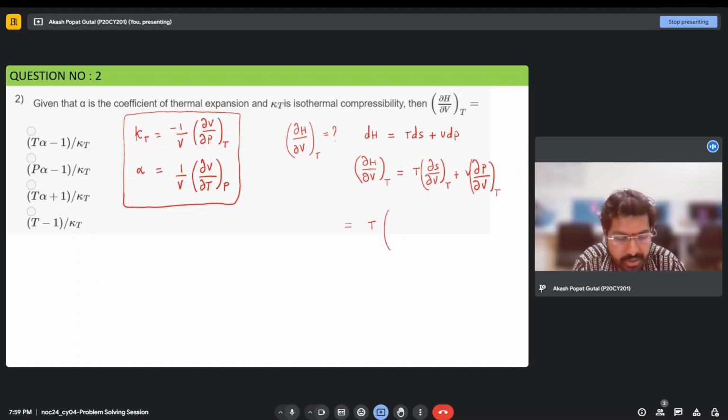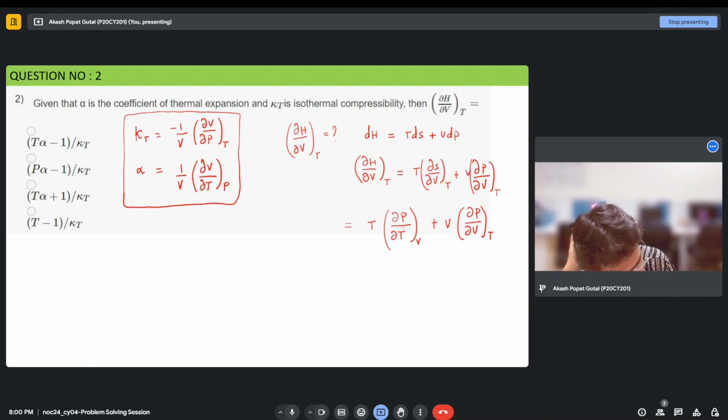In the Maxwell relation, V's counterpart is del P and S's counterpart is del T at constant volume, plus V into del P by del V at constant temperature T. Here del P by del T is there, but we need it with del V by del T.